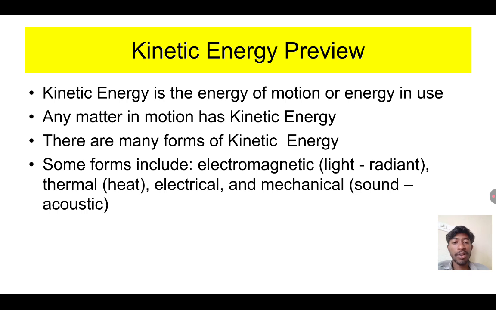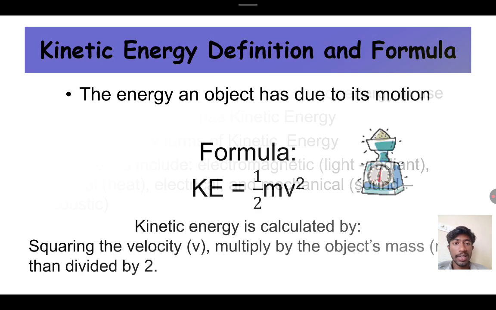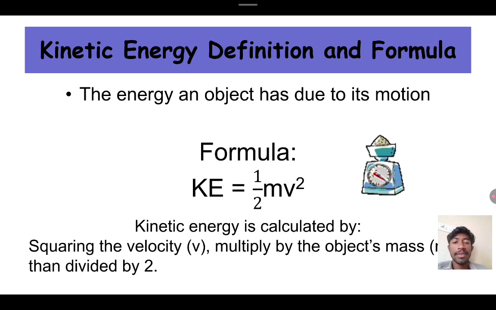Some forms include electromagnetic, like light or radiant; thermal, meaning heat; electrical; and mechanical, meaning sound, and acoustic also have kinetic energy. Kinetic energy formula: the energy an object has due to its motion, KE equals half mv squared.